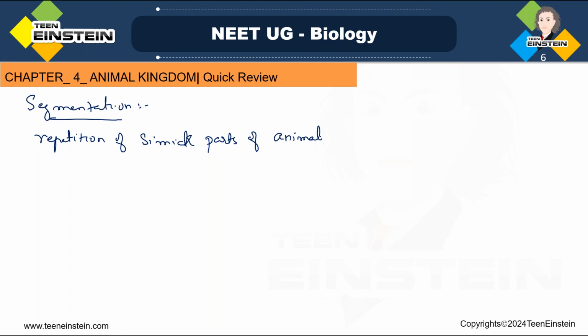So along the length of the body of the animal, the serial repetition of similar parts is called segmentation. This segmentation is of two types. That is metameric segmentation and another type is pseudo segmentation.